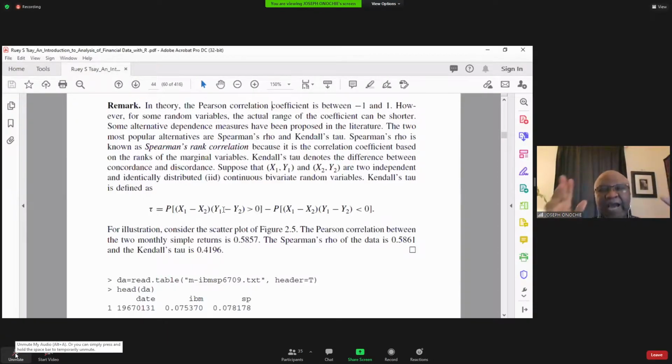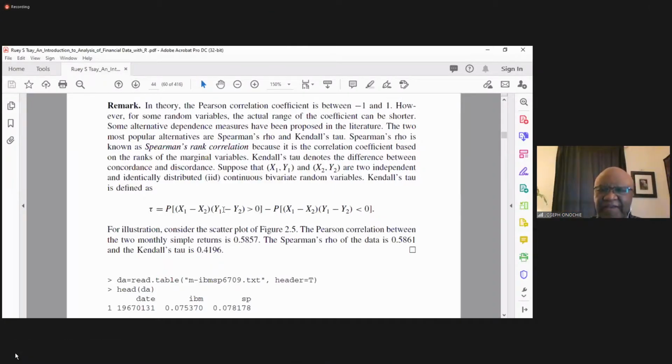Okay, it happens. I'm sure you guys have never come across this, but sometimes the way we rank is different. We may rank the higher return, the next higher return, the next higher return for IBM. Then for S&P, we may rank returns higher than the median, the next higher than the median.